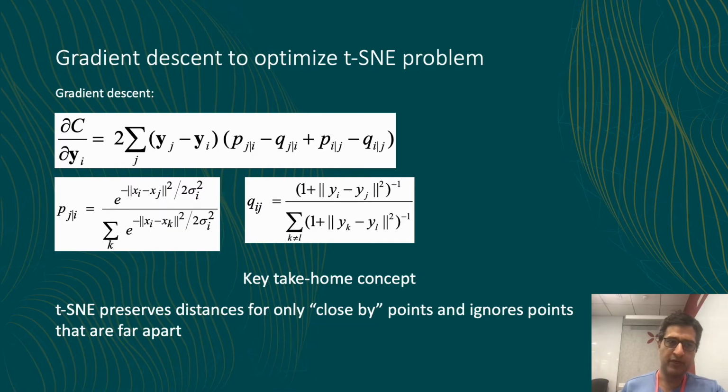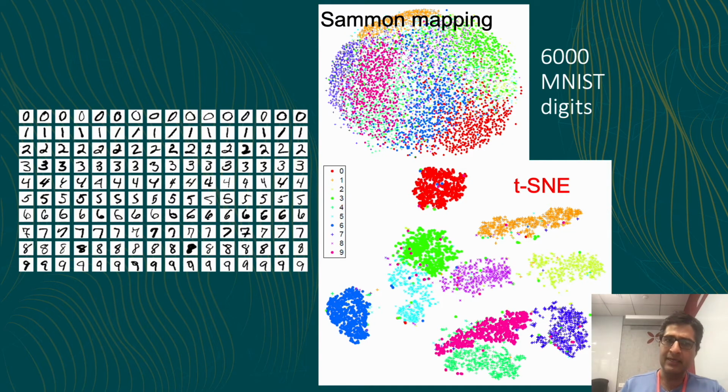It ignores points that are far apart, and that leads to the kind of visualizations that you would see on the right hand side of the slide.